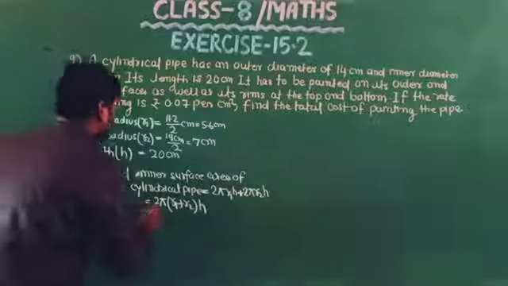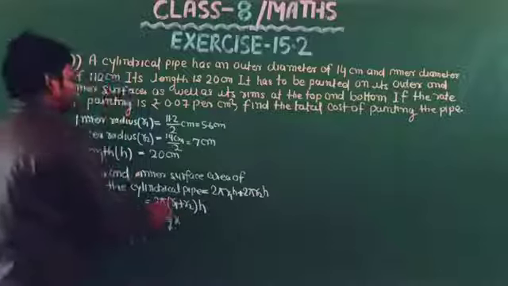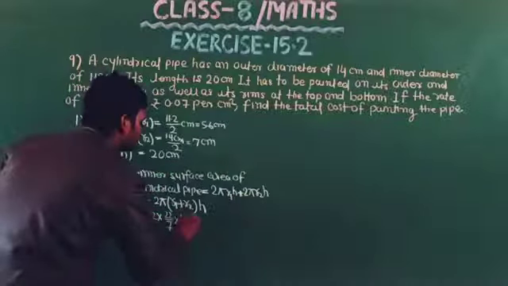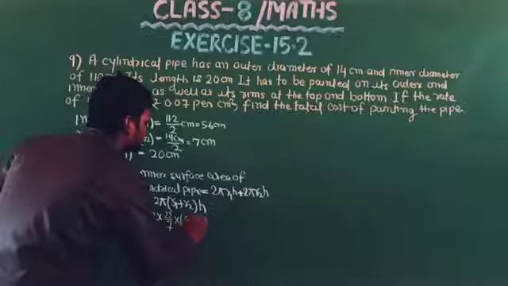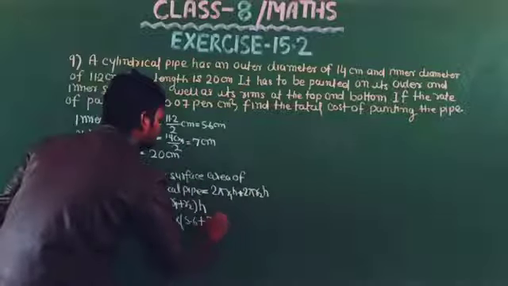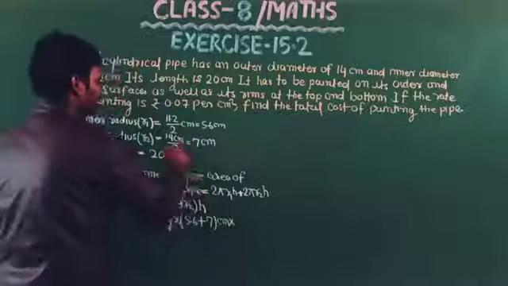Now substituting the values, this is 2 into pi, 22 by 7, into R1, which is 5.6, plus R2, which is 7 centimeter, into height 20 centimeter.